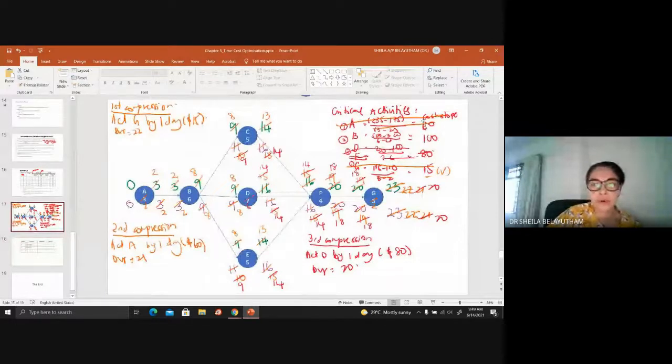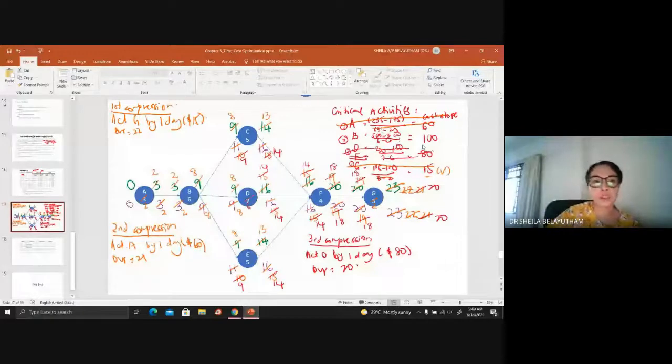If we are not being critical about minimum direct cost, then the cost slope is not necessary. For you to come up with the most optimal duration, we start with cutting the slope of the lowest cost. Finally, if we don't have a choice, then the higher cost will come into the picture.